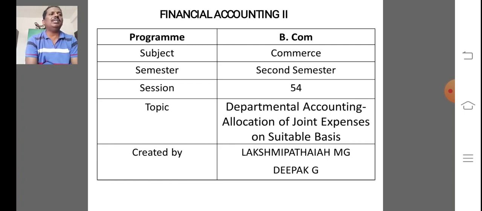Where the details of department wise breakup of direct expenses are not available, they must be apportioned for each department on a suitable basis. The following table gives the basis for apportioning the direct expenses among the different departments.